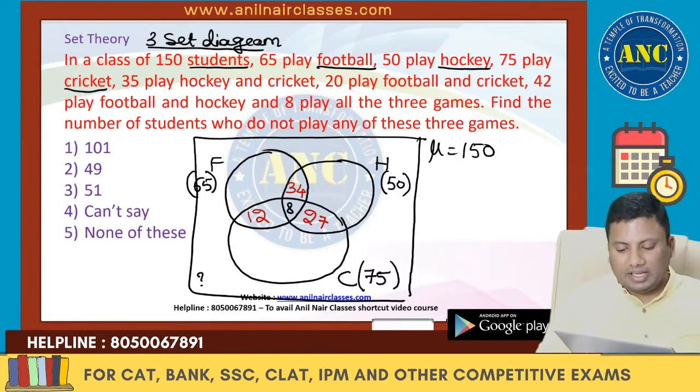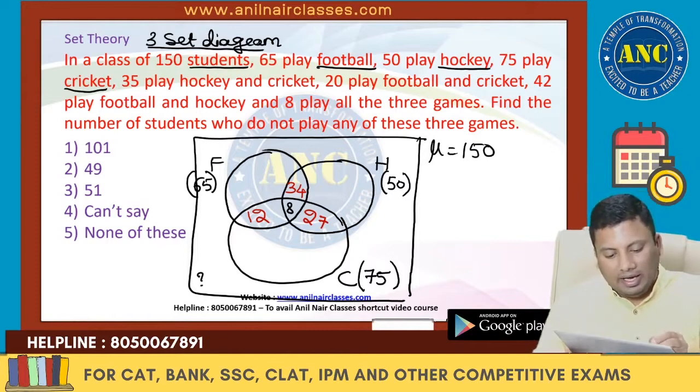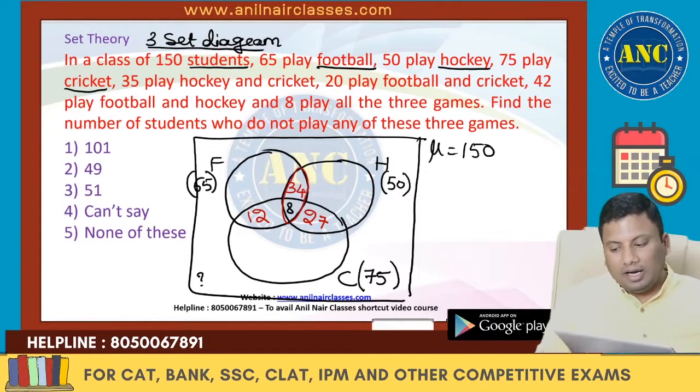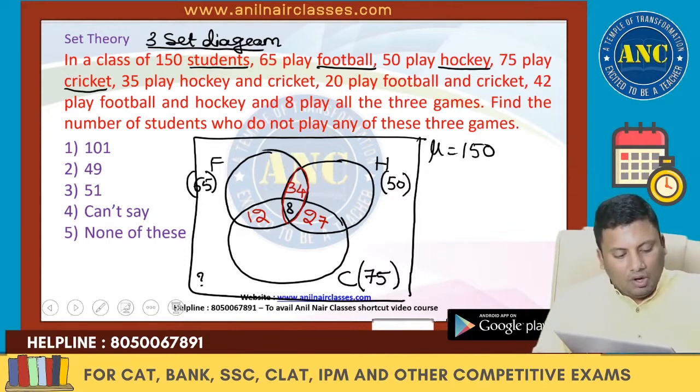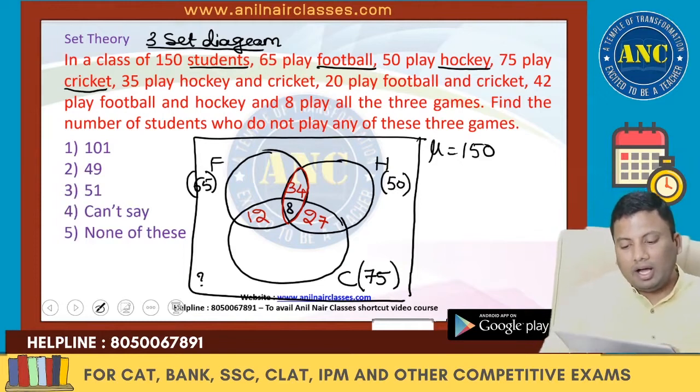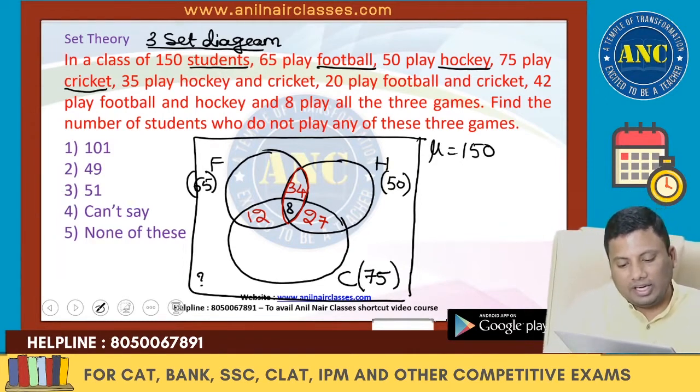I hope it is clear. Football and hockey is this combined set. It is 42. Only 8 I got, so remaining it is 34. Hockey and cricket is 35, 8 and 27. Football and cricket is 20.